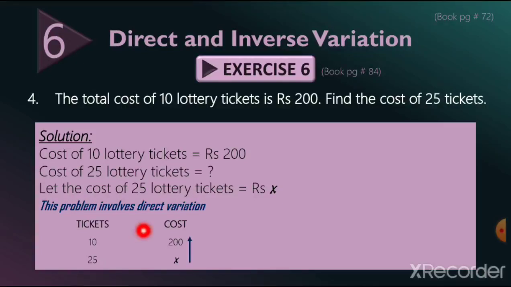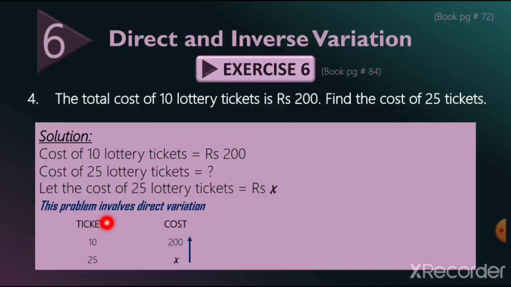And I have told you that you have to put the arrow tail with the variable x, or if the variable is changed, whatever it is, you can mention the arrow tail with this variable. Okay, so the arrowhead will move upward, and according to the direct variation we have to place the arrow with the second value.